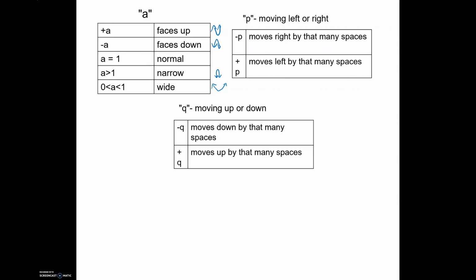And if it's a positive, it moves left by that many spaces. So p tells us if I move left or right. Our q value is whether we move up or down. So a negative q value means we move the whole graph down that many spaces, and a positive q value means that's how many we move it up.